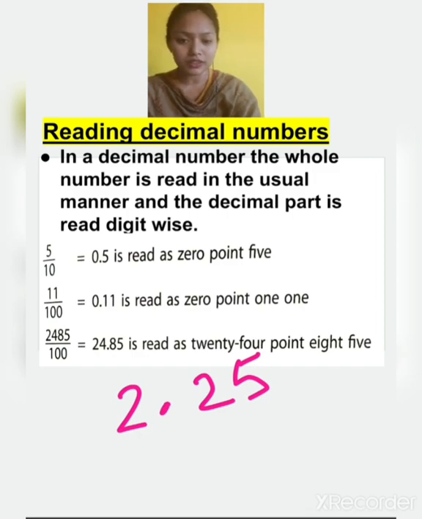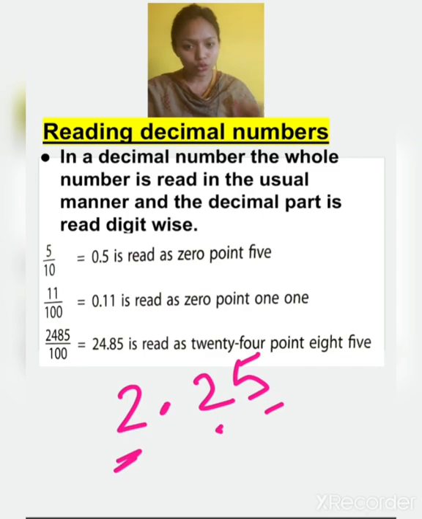The whole number is read normally, and the decimal part is read digit wise. We will not say two point twenty-five, we will say two point two five.